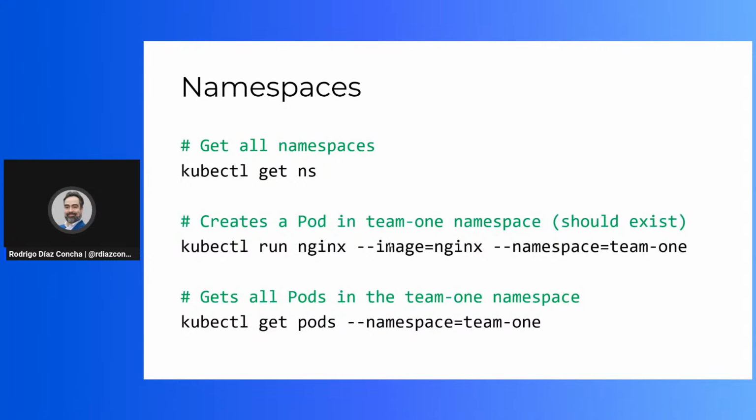For example, as you can see here, kubectl run nginx, it's using this image name, and then it's specifying that it's going to be deployed in the namespace named team1, okay? And then you can use that flag in all your different commands to filter the objects that are inside a particular namespace, okay?